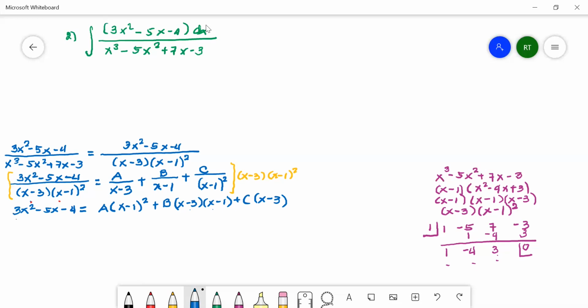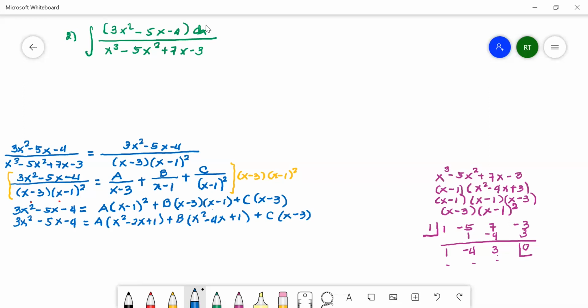So on the left member, we have 3x squared minus 5x minus 4 equal to A times the quantity, the square of x minus 1, which is x squared minus 2x plus 1, plus B times the quantity, the product of x minus 3 and x minus 1, which is x squared minus 4x plus 3, plus C times x minus 3.